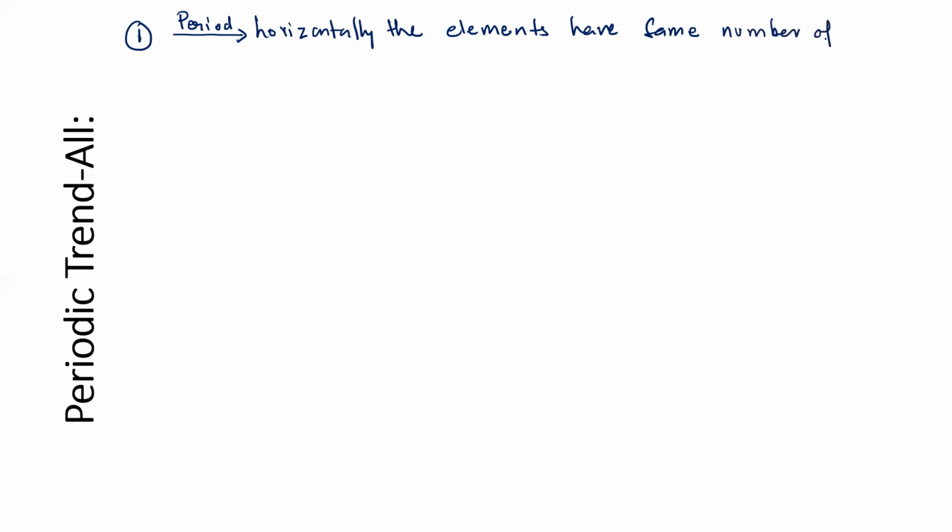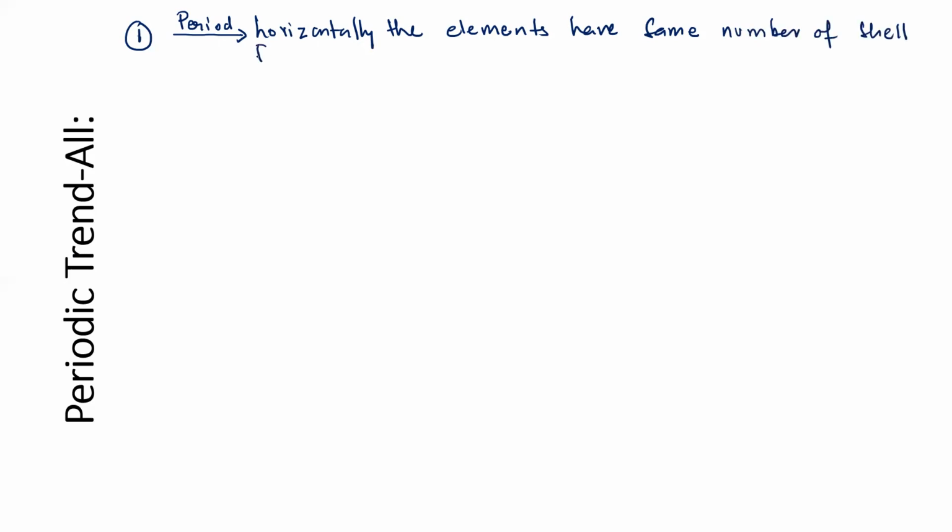So point number 1 is: we have periods horizontally, the elements have the same number of shells.